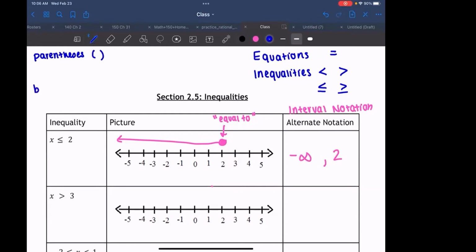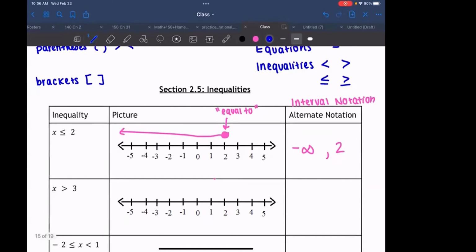And we're also gonna use things called brackets. Brackets are kind of like parentheses, but they're square, so they kind of look like they have little edges to them. And we use parentheses when we have these signs, greater than or less than.